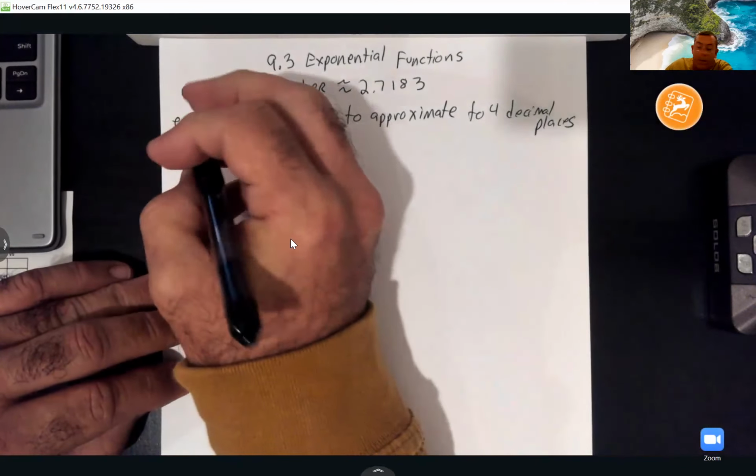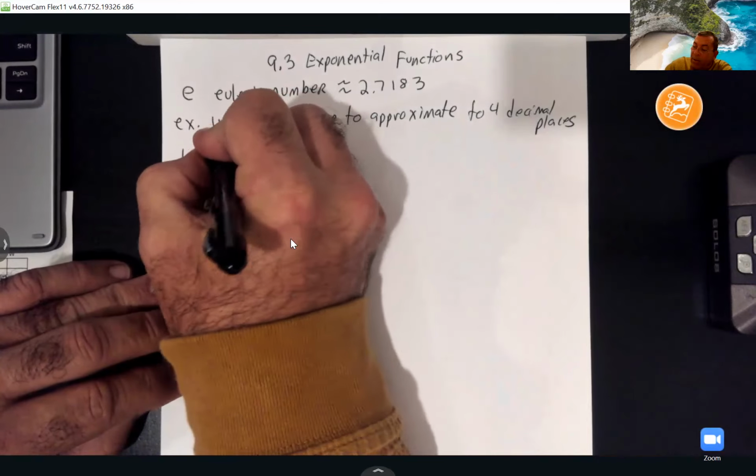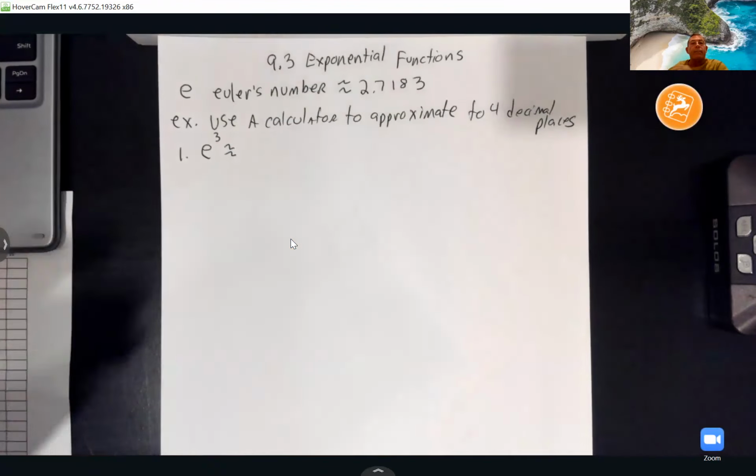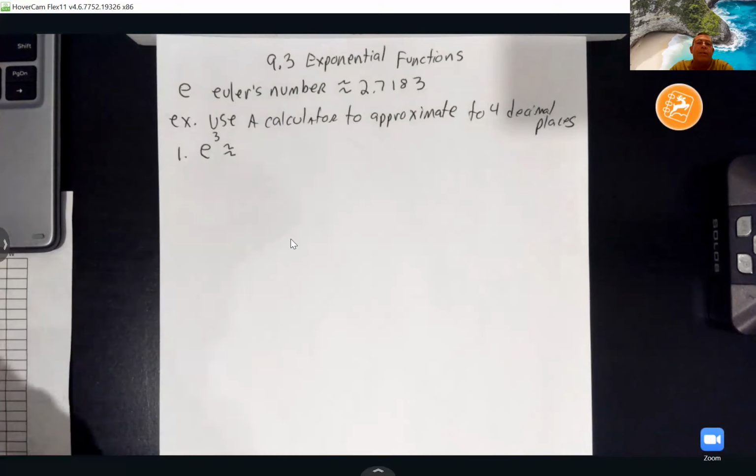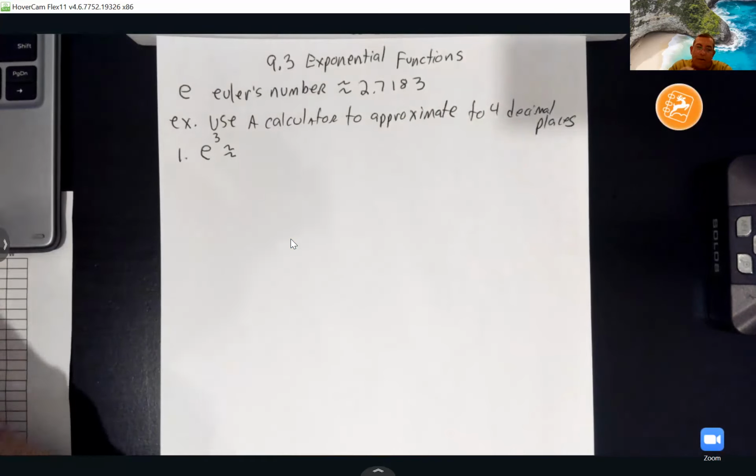The first one, they're giving me E to the third. So let's go punch this in, E to the third, and see what we get. And we want to round this off to 4 decimal places.